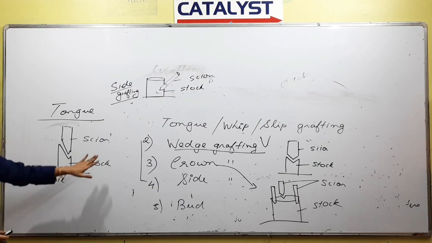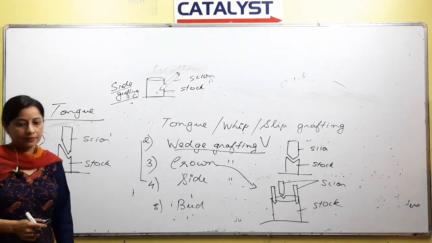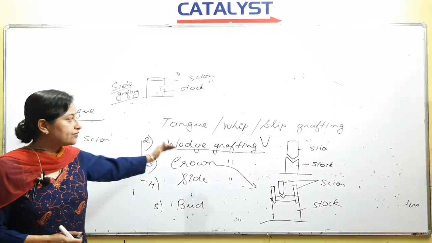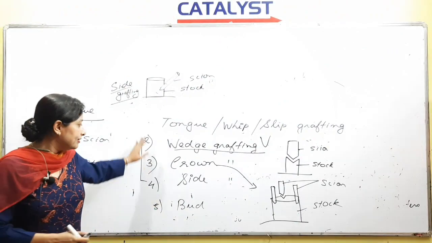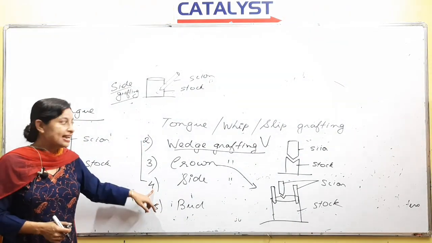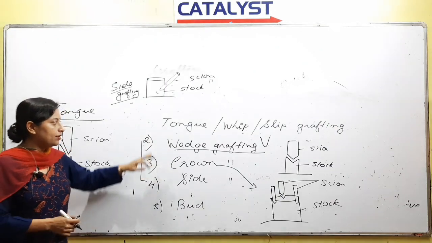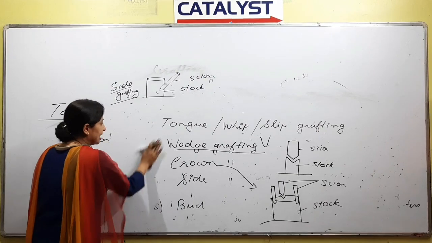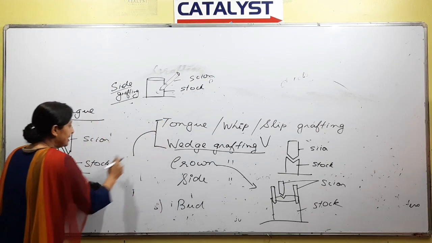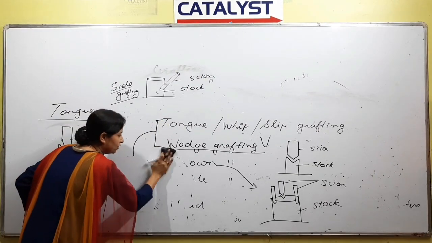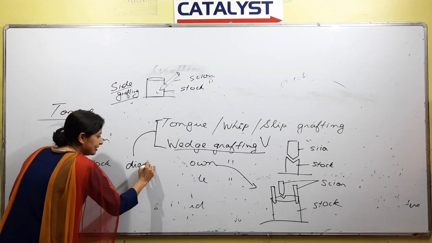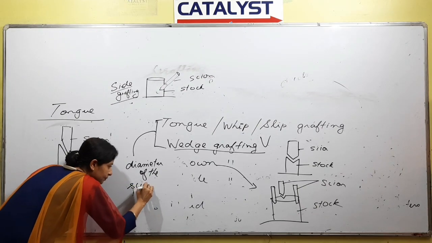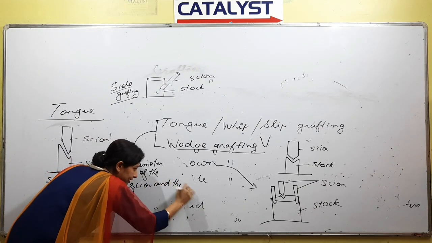Ekelage buzi paisa? Right? So we have different types of grafting, and what are the different types of grafting? These are the different types of grafting. The 4 up till number 4 we have discussed. Yar bitor aru eta point ki monot rakhibo laibo je when we are talking about tongue grafting and wedge grafting, ei duta type of grafting ot ki hoy je the diameter of the scion and the stalk is same.